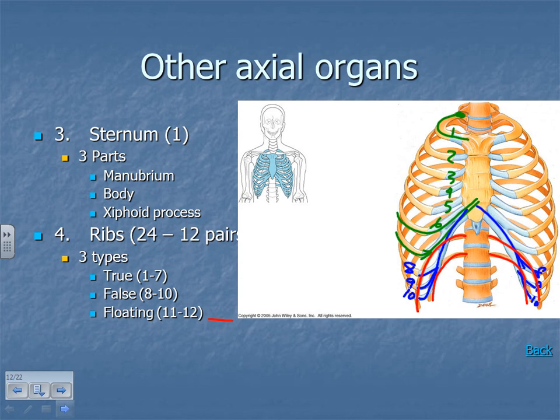And what I would encourage you to do, it feels kind of funny, but if you take a deep breath in, kind of suck your stomach in, feel the ends of your rib cage, work your way down about halfway, and ouch! You'll feel the ends of your floating ribs.